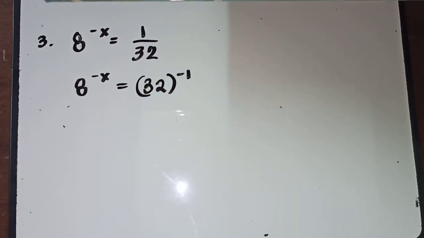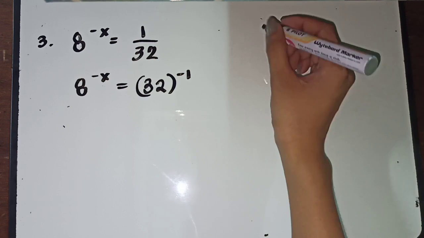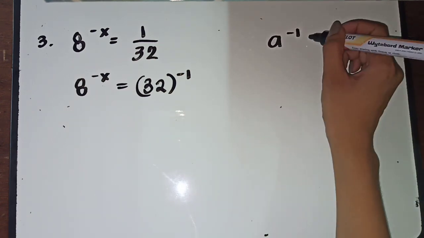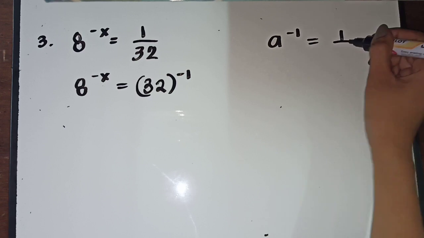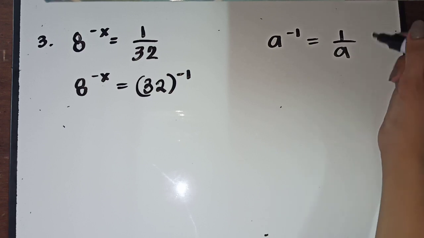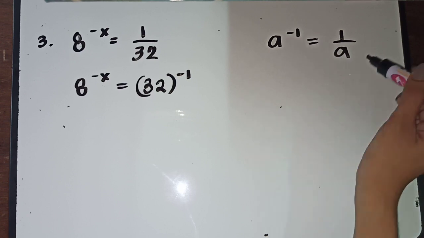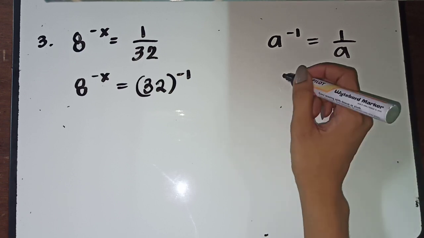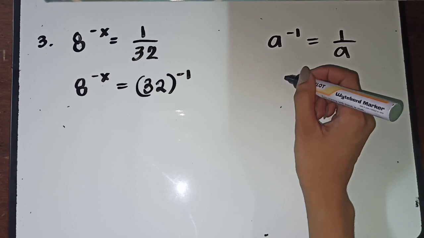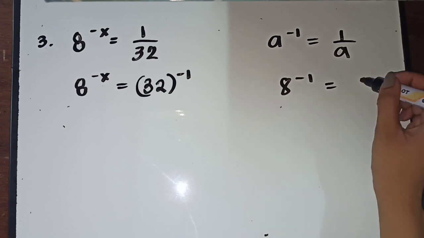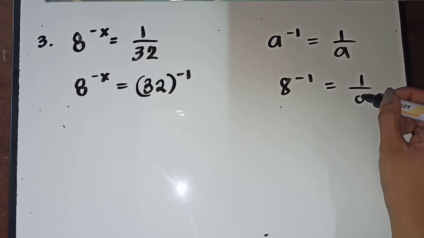Okay? So, bakit po naging equivalent lang siya? So, for example, kung meron akong a raised to negative 1, this is also equal to 1 over a. So, get the reciprocal and make the exponent positive. Again, for example, if I have 8 raised to negative 1, that is equal to 1 over 8.